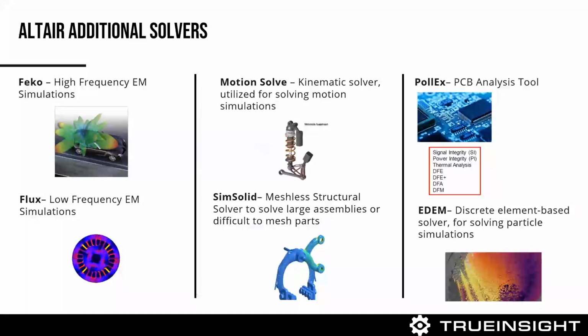EDEM falls in that boundary between CFD and FEM. It's a discrete element-based tool, meaning it characterizes what's happening to particles. So if you're in agriculture or pharmaceutical and you're trying to see what happens to specific particles, it's very analogous to CFD. We have a solver called EDEM that handles that.